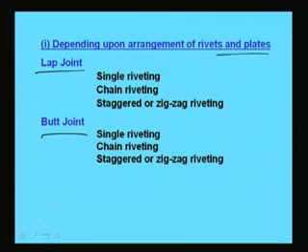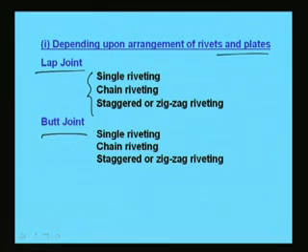In lap joint again we can see single riveting, then chain riveting, and then staggered or zigzag riveting. So when we are going to calculate the strength, we have to see whether it is single riveting, chain riveting or staggered or zigzag riveting. Then accordingly the strength will be calculated, on the basis of the arrangement of the rivets.